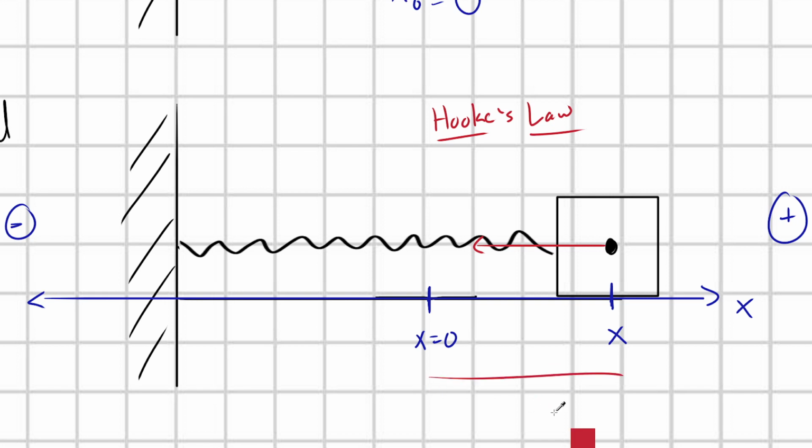Like I said, we defined our equilibrium position very conveniently. The force from my spring on this cube is equal to some proportionality constant k times the position of my cube, x.